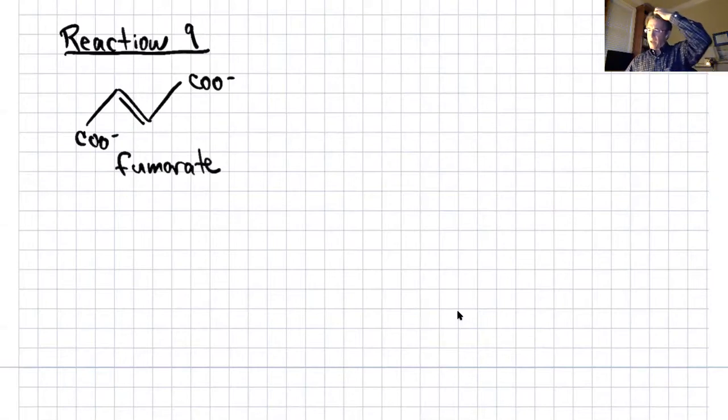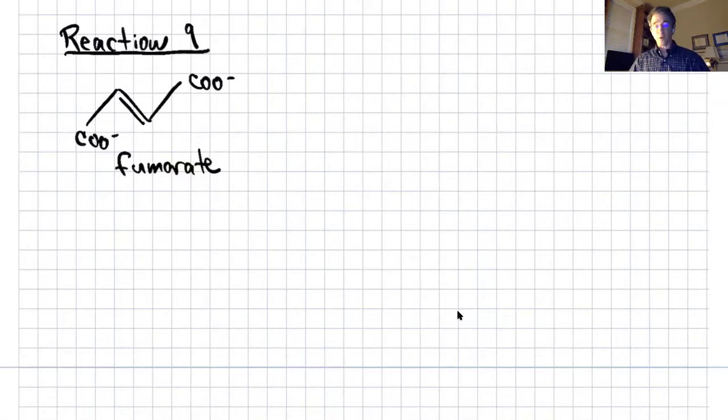Now, if you remember the structure of oxaloacetate, it's an alpha keto acid, and technically also a beta keto acid. We need to put in a carbonyl somewhere. Well, what have we got to work with? We've got a carbon-carbon double bond there, and we've got water.